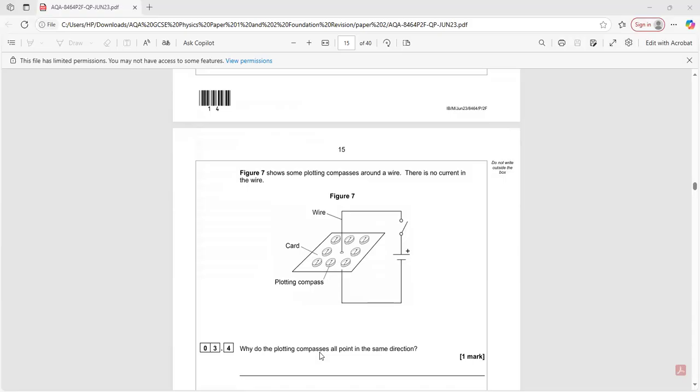Okay, so moving on. This looks like an experiment where we have a card with compasses that will show the magnetic field around a wire. An electric wire too has some form of magnetism around it, and that's the principle on which your fan works.